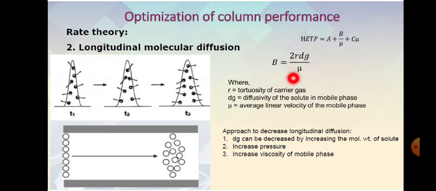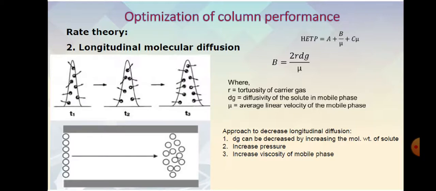So what is r? r is the tortuosity of the carrier gas, that is, the twisting and bending of the carrier gas, with respect to gas chromatography. dg is the diffusivity of solute in the mobile phase.